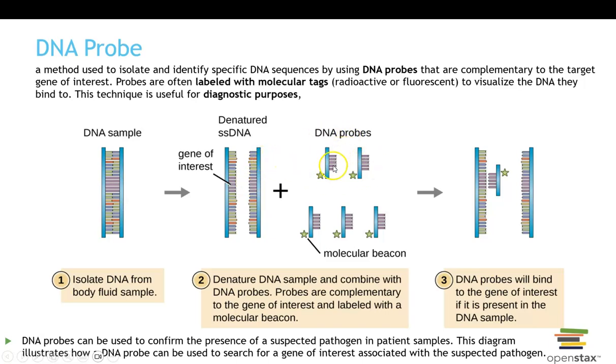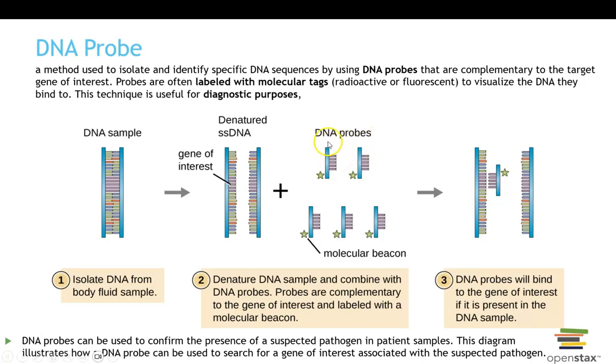Then we can purchase, or you can make, but they usually purchase these probes. Imagine we want to find a specific infection in the blood, so we want to see if this bacterium exists in the blood.